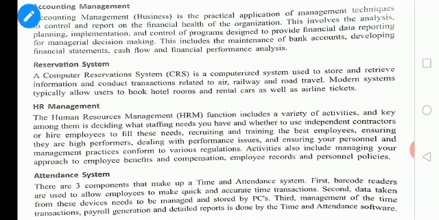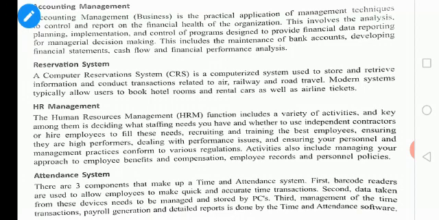Okay, then reservation system, where the reservation will be. Could you imagine where we will reserve? In airline tickets, for example train tickets. So in reservation areas, computer reservation system, CRS, is a computerized system used to store and retrieve information and conduct transactions related to air, railway and road travel.